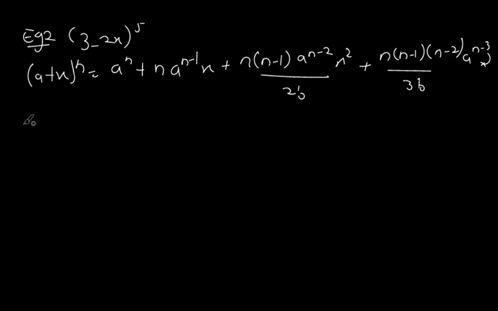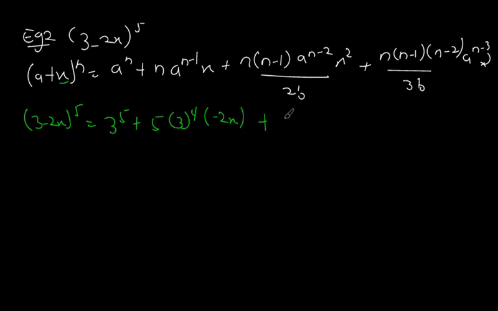So we write our question, which is (3 minus 2x) power 5. So we expand. So we have 3 raised to the power 5 plus 5 into bracket 3 power 4. Then our x term in this example is what? Negative 2x. So we write the negative 2x over here.